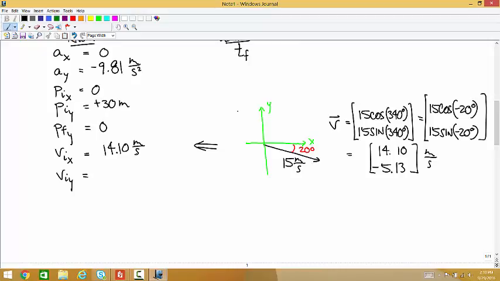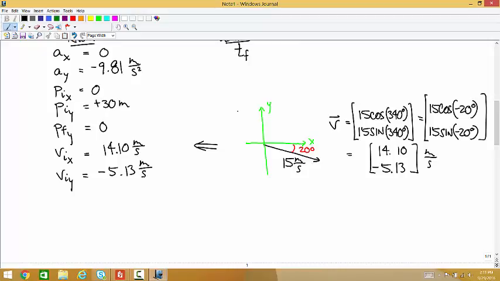So that's 340. And then it's always going to be cosine of the angle, sine of the angle, just multiplied by the length of the vector. So in this case, it's 15 times the cosine or sine of 340. You could go clockwise too, and then you just have to call it a negative angle. So VIX is 14.10, VIY is negative 5.13.